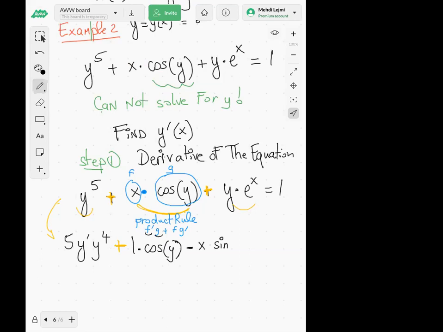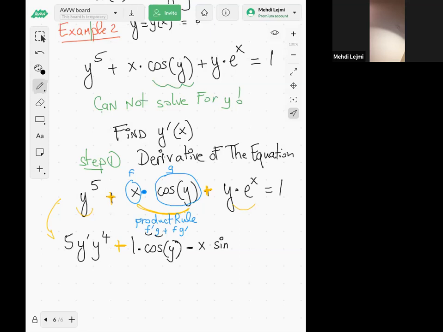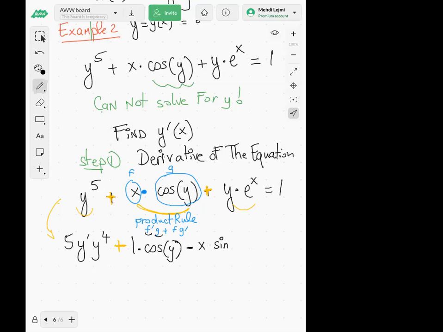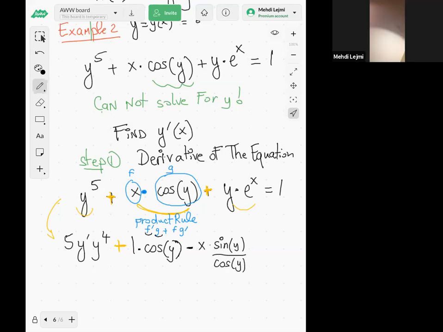Yeah, because you say the cosine of y is a function, right? Yeah, I said y is a function. So we have cosine of y. It's times sine of y over cosine of y. Like this? Well, that's not true.